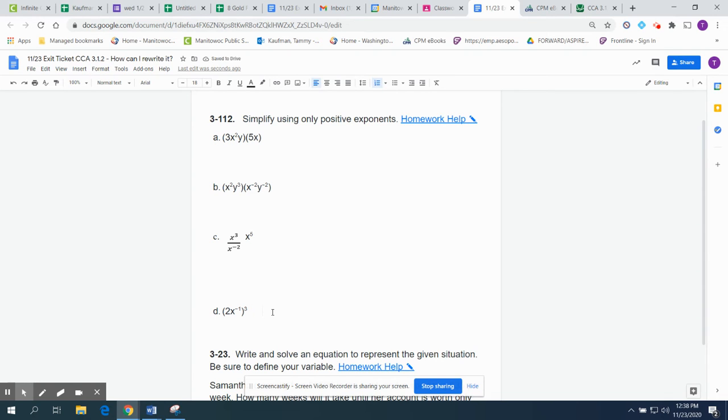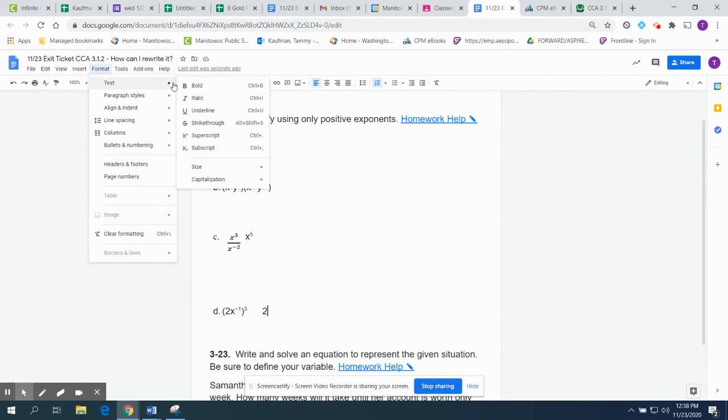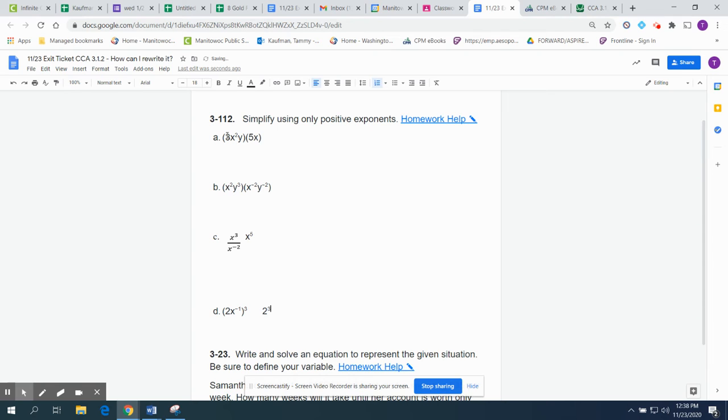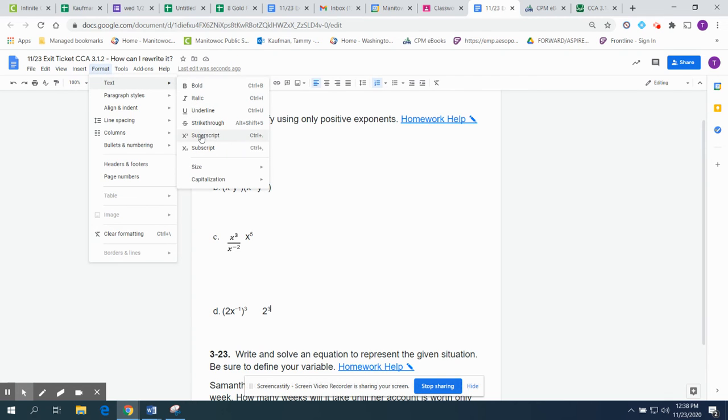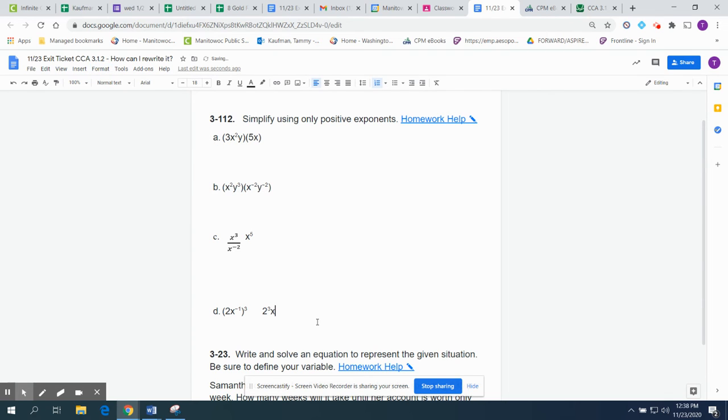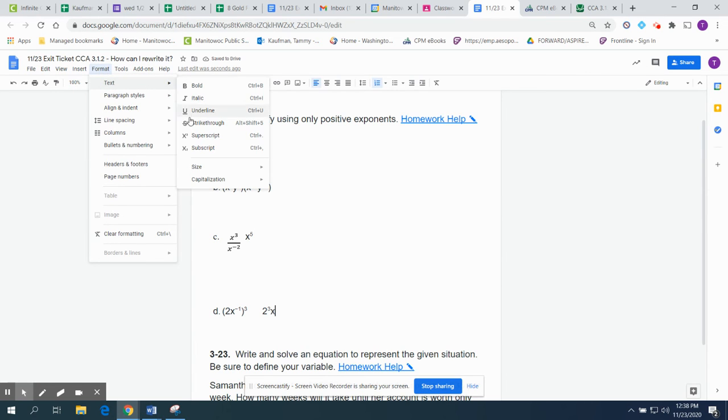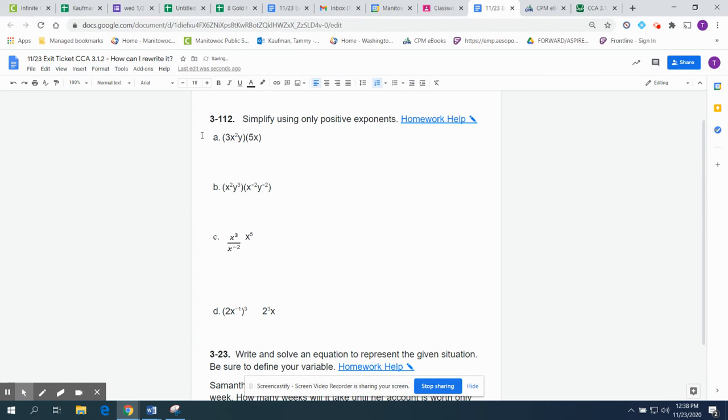This would be 2 to the 3rd power over x to the 3rd power, or we can write it right next to it as x to the -3rd power.